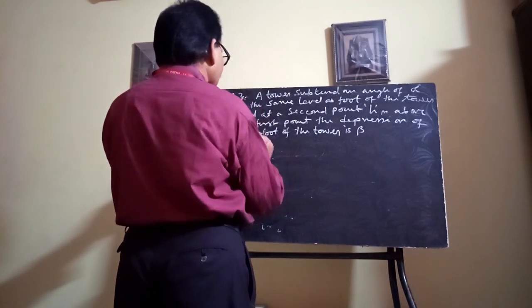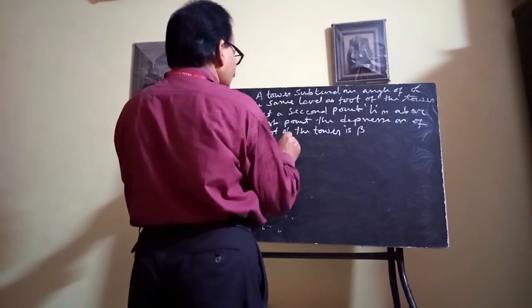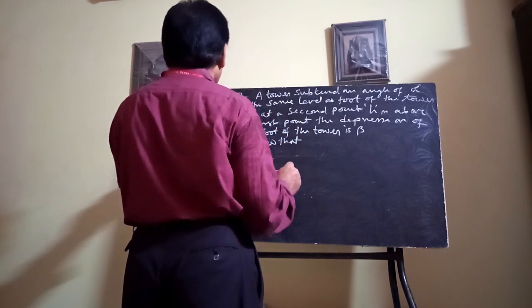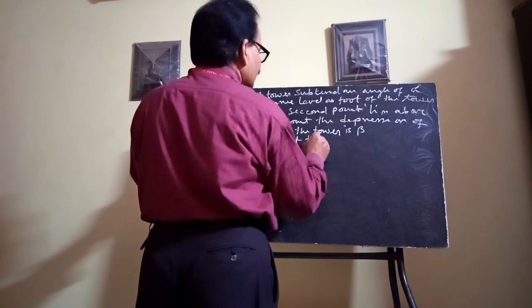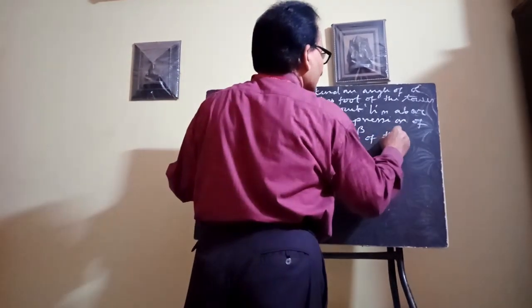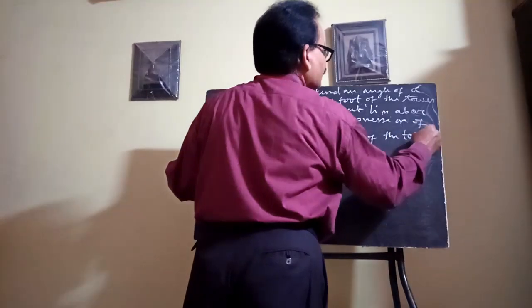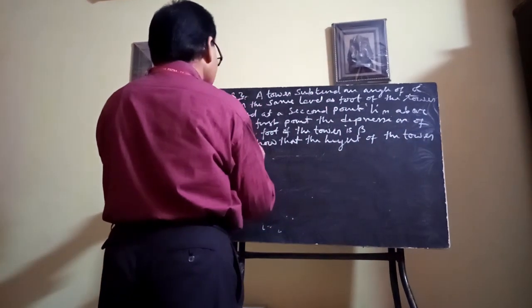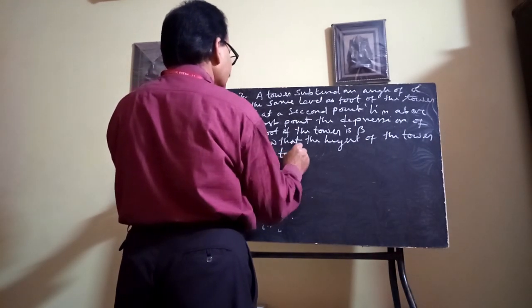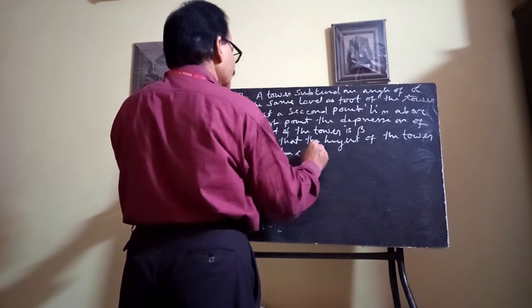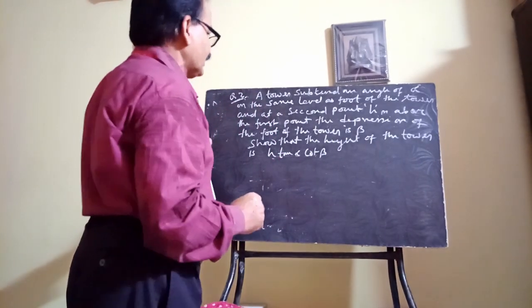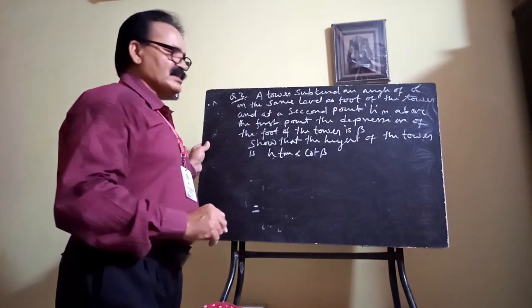You have to show, or you can say prove, that the height of the tower is h tan alpha into cot beta. So now your question is completed.